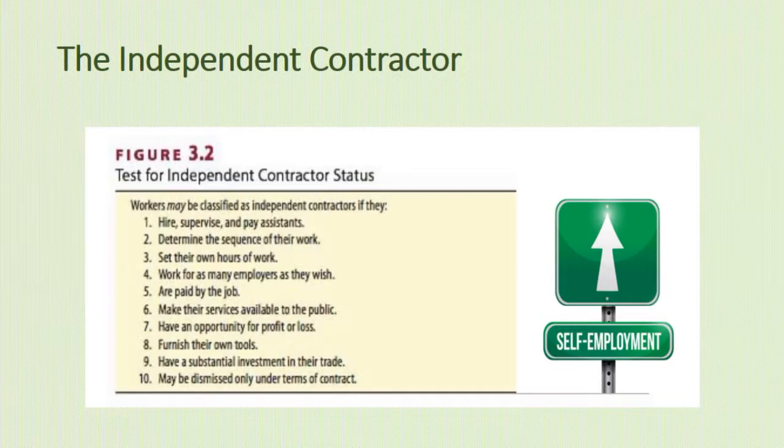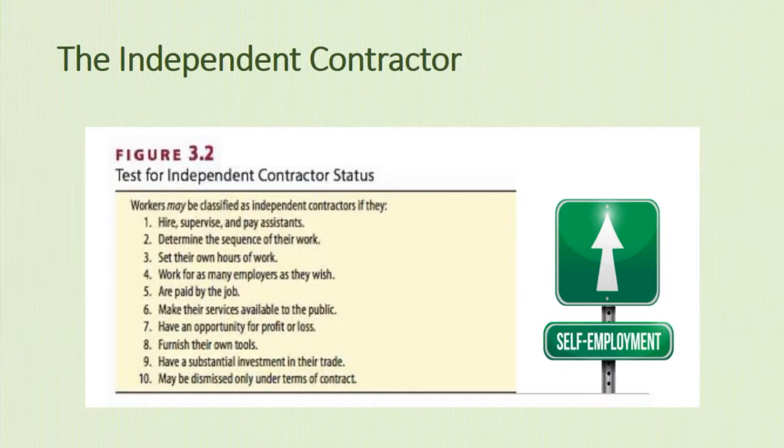This status is subject to those previously spoken about common law tests that are provided by the IRS. And a status as an independent contractor indicates that, according to the individual facts of each case, this person meets that definition.